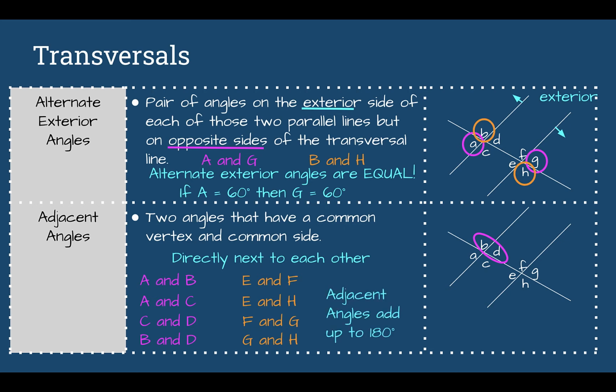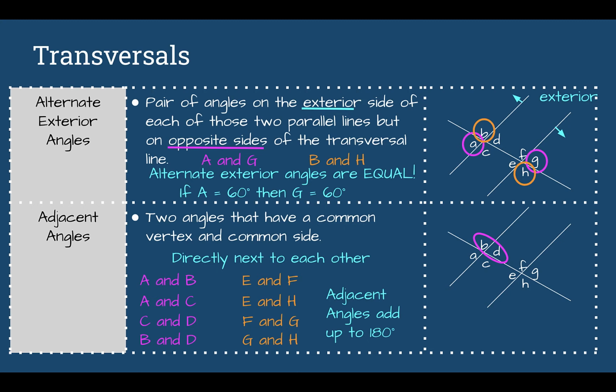Adjacent angles add up to 180 degrees. So if we take any angle here, so let's say we knew B was 50, because angle D is adjacent, it would have to be 130 because they would add up to 180 degrees.